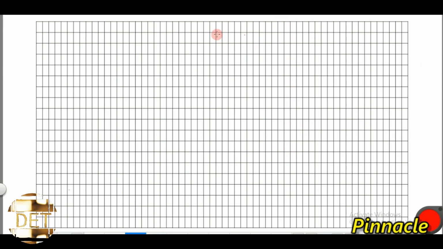So this is our graph. This will be our y-axis, and then this will be our x-axis.